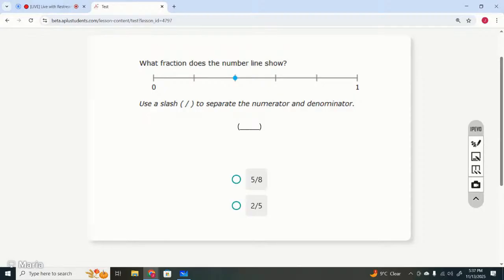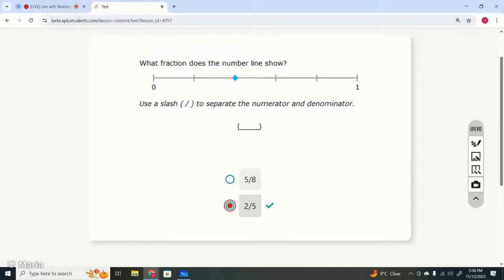What fraction does the number line show? So, which is the correct option? That is 2 out of 5.